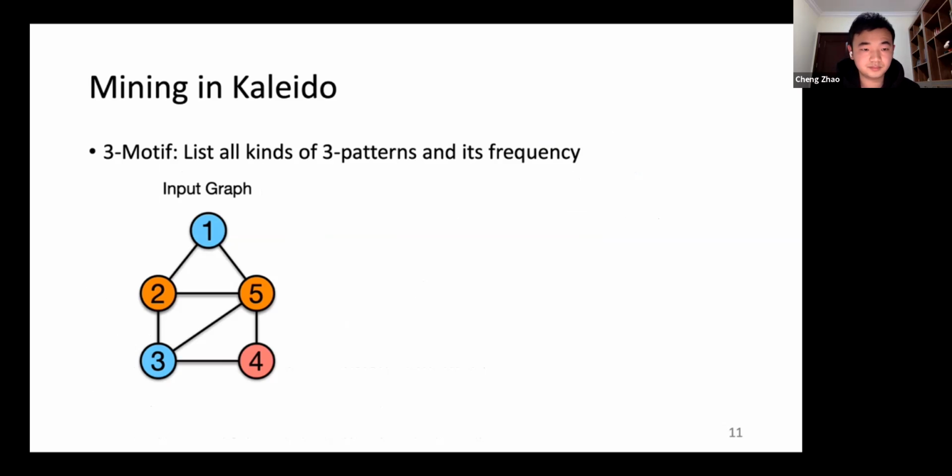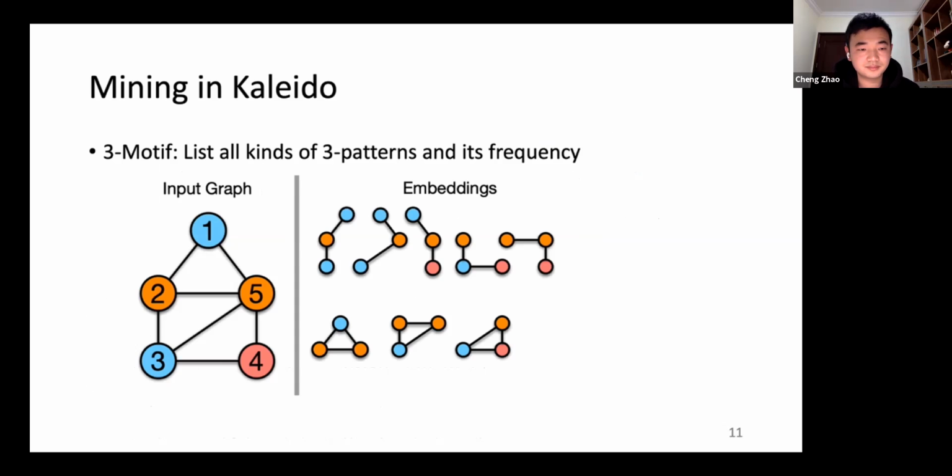Let's go through a simple example in Kaleido. Now, we want to find all kinds of 3-vertex patterns and count the frequency of each pattern in the given graph. First, in the exploration phase, we find all kinds of 3-vertex embeddings without repeating.